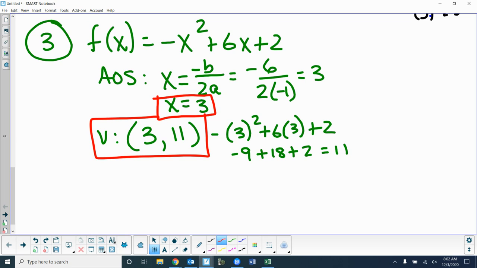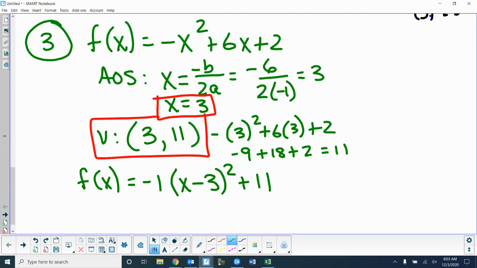Then the third answer is just putting it in vertex form. What's my a value? Negative 1. So we put negative 1 for a. Then it's always x minus whatever the x value is, and then whatever the y value is comes out here. That's a positive 11, so we get plus 11.